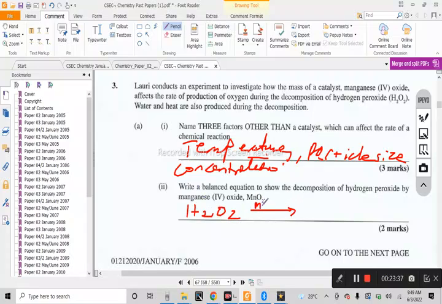The catalyst always goes on top, MnO2, just like how the temperature would go. You understand? And the pressure. So MnO2 to produce water, H2O, plus O2. The water is a liquid, and O2 is a gas.